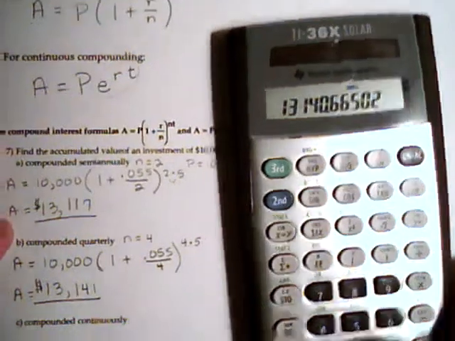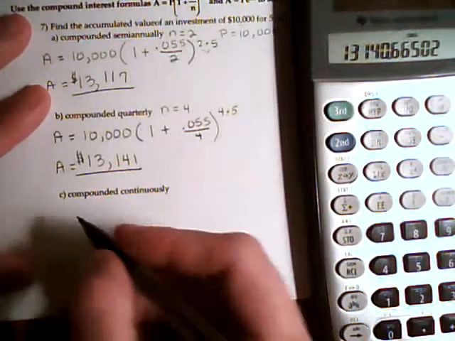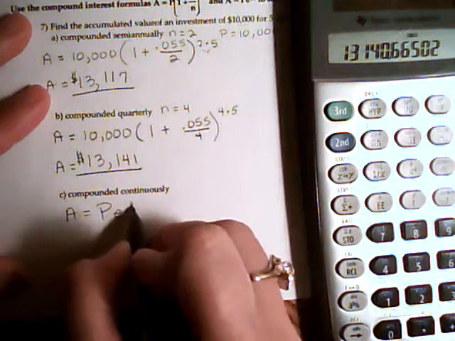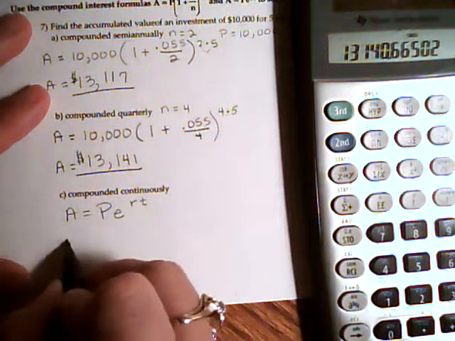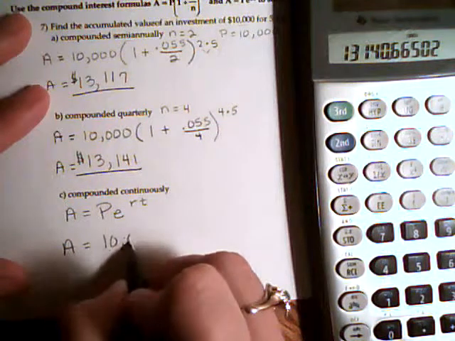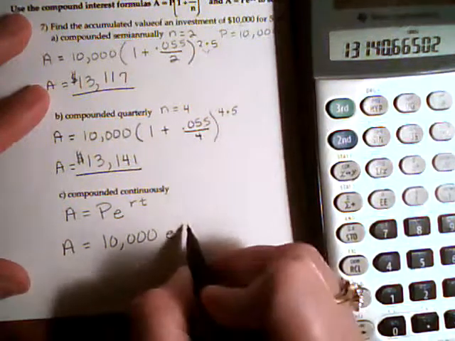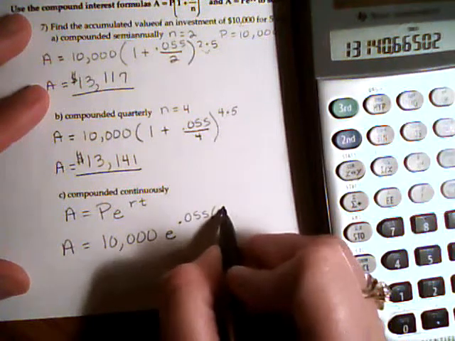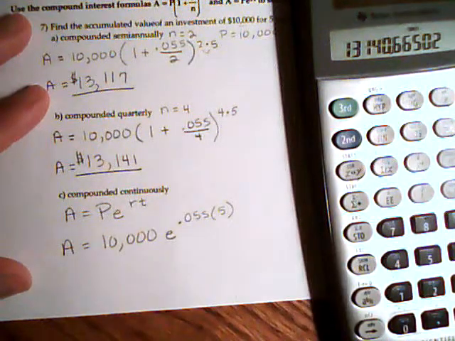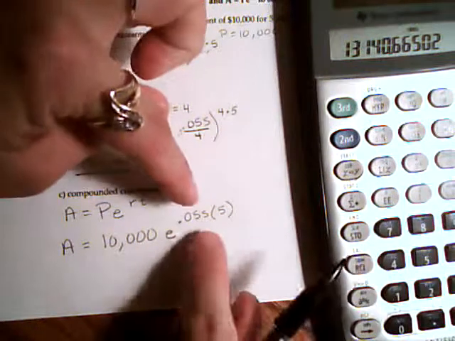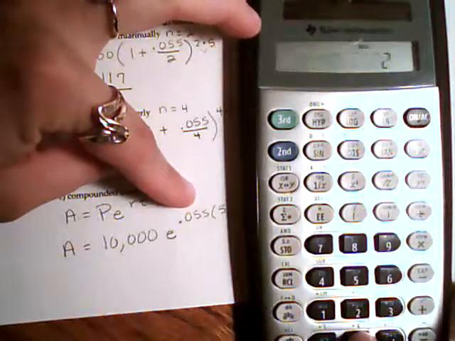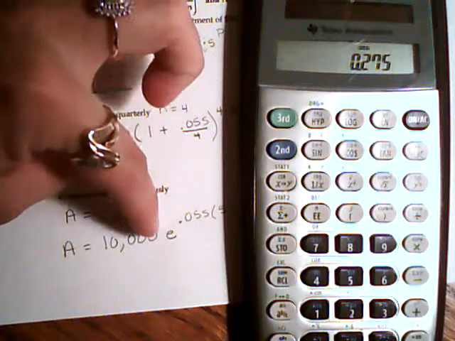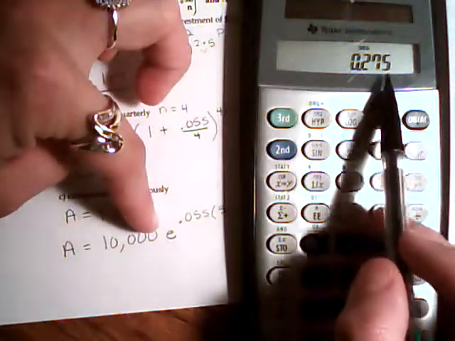And then we're going to compare that to compounding continuously, which is our formula A equals P times e to the rt. So for continuous, my principal was 10,000 times e, my rate 0.055, times time, which is 5. So I would go ahead and multiply 0.055 times 5, and that's what I want to raise e to, 0.275.